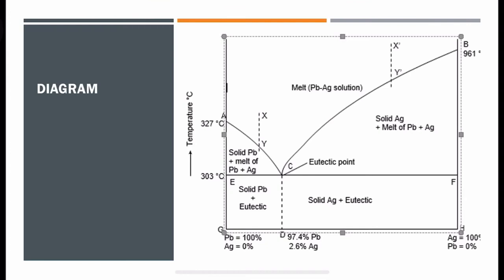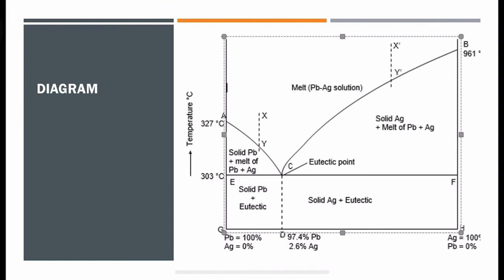So lead and silver mix, but they do not react. So this is a eutectic system, right? Easy melt. Now on the right side, 327 degrees Celsius is the melting point of lead, and on the other side 961 degrees Celsius is the melting point of silver, right?